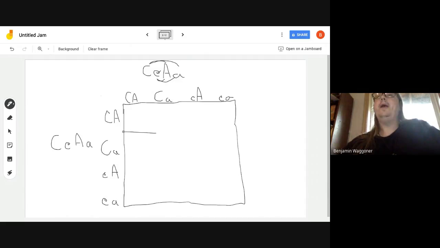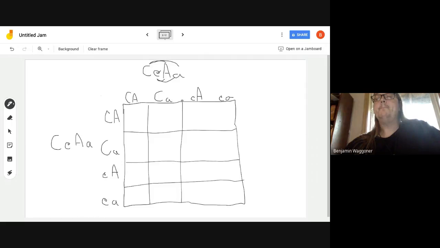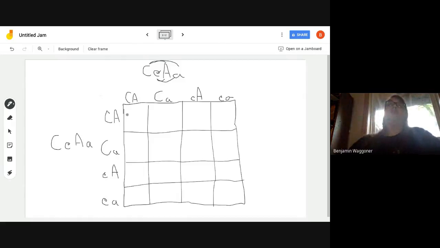So we've got a 4x4 Punnett square. So of course we draw the lines. And there we are. Okay, so we just got to fill these in down and across.